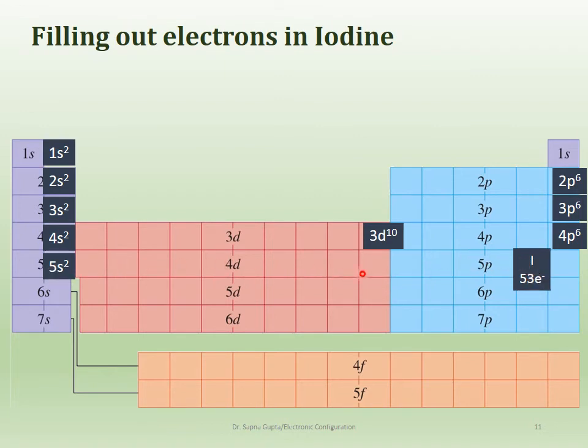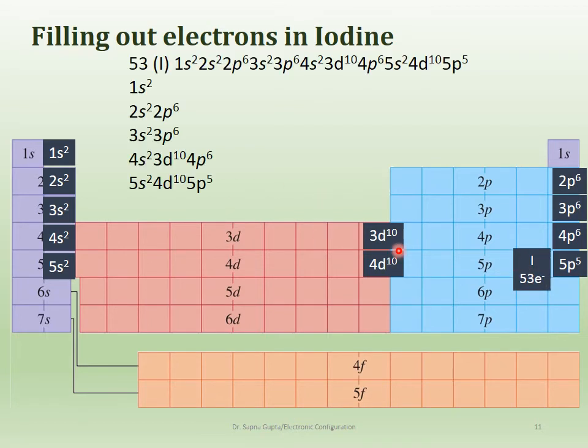So then we have the 4d electrons here, so that's 4d10, and now iodine is 1, 2, 3, 4, 5. It's the 5th column from the transition metals, so that is 5p5. So this is how easy it can be to fill out the electrons, even if you have many electrons to fill out, provided you follow the rules.